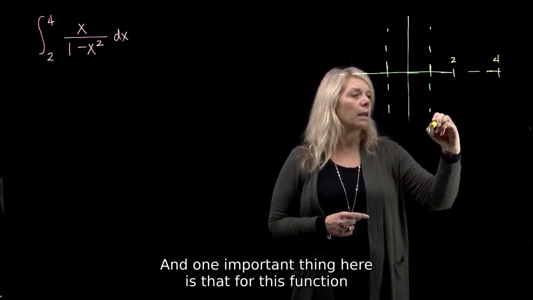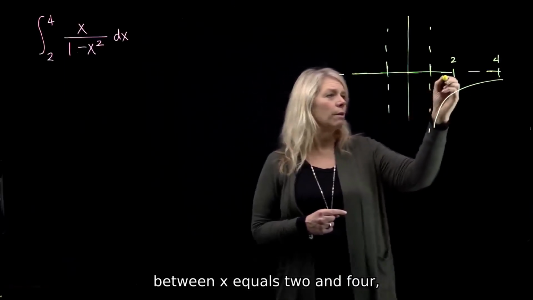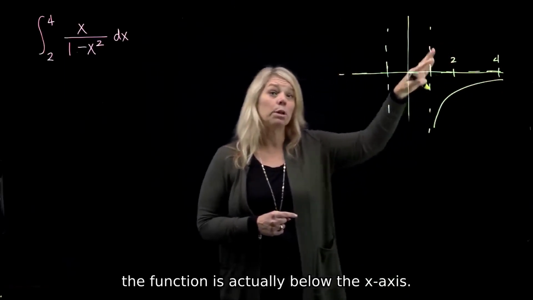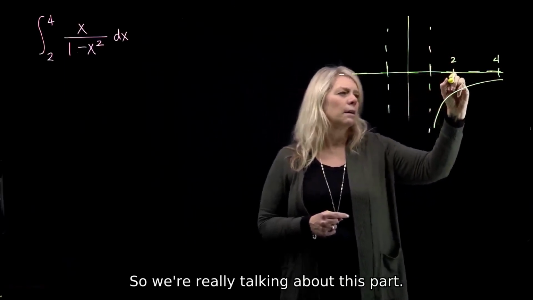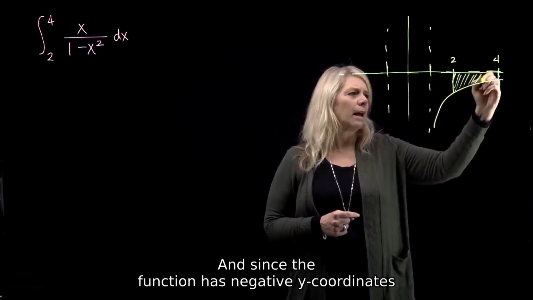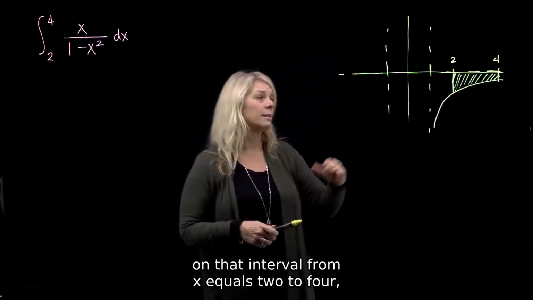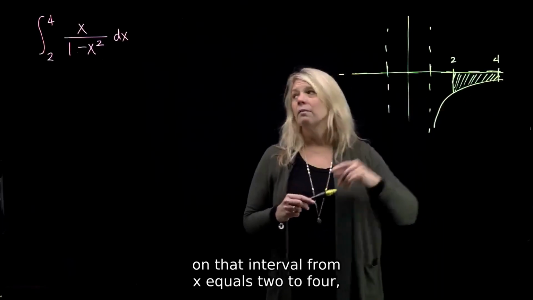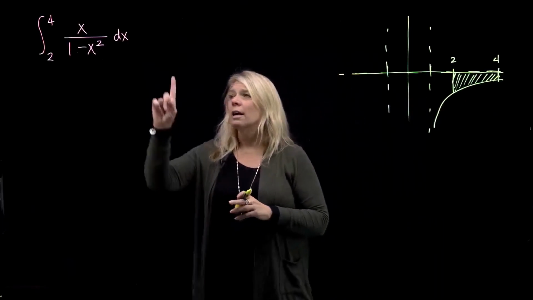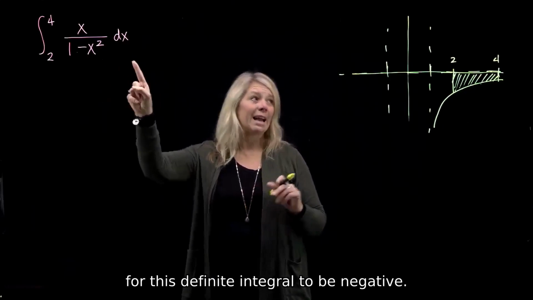One important thing here is that for this function, between x equals 2 and 4, the function is actually below the x-axis. So we're really talking about this part. Since the function has negative y coordinates on that interval from x equals 2 to 4, I should expect the answer for this definite integral to be negative.